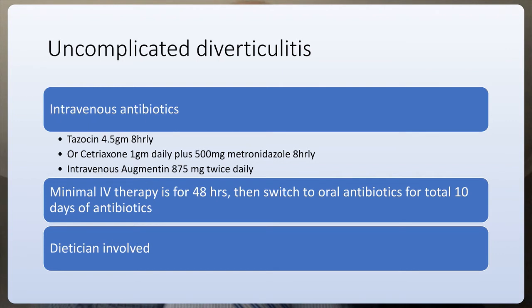And once we are happy clinically with them, in the form of the pain settled, no temperature, and inflammatory markers trending down or low, then we can switch them to oral antibiotics. The most common antibiotic that we use is augmentin duofort in the form of 875 milligrams 3 times a day.